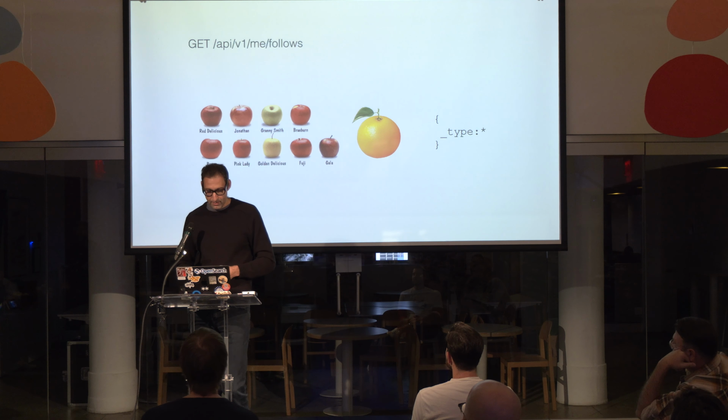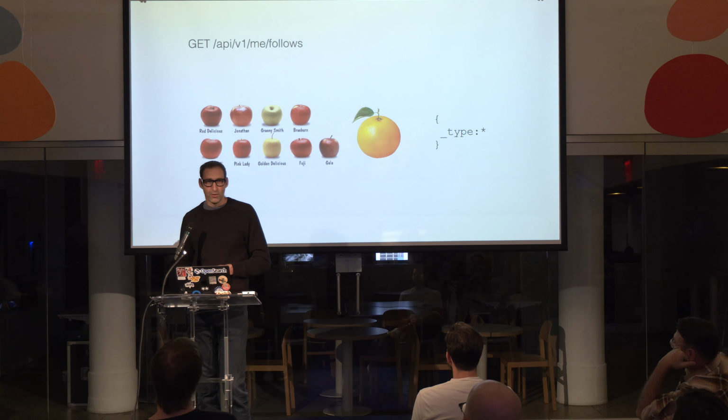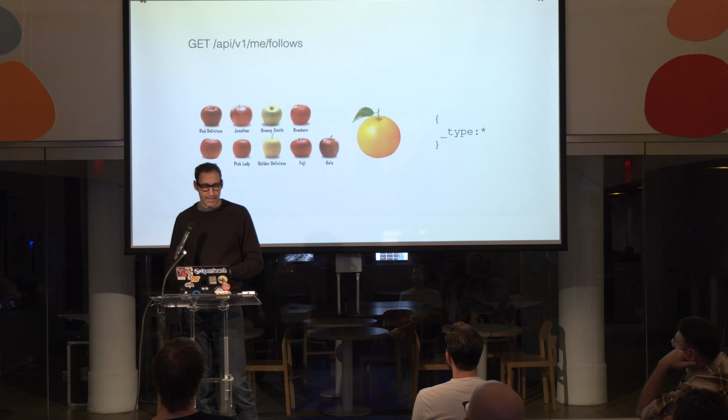One of the other problems there is that evolving APIs like that is pretty hard. For example, this is a real API on Artsy v1, which was everything that I follow. In the beginning, you could just follow artists. But it turns out Artsy started dealing with galleries, and then you could also follow galleries. And so now we had a clever hack.